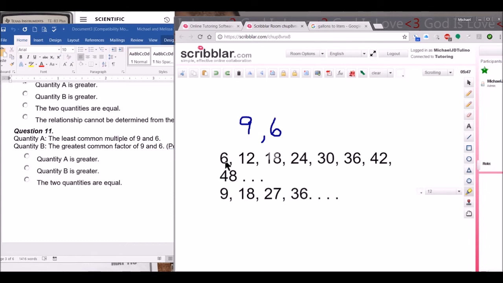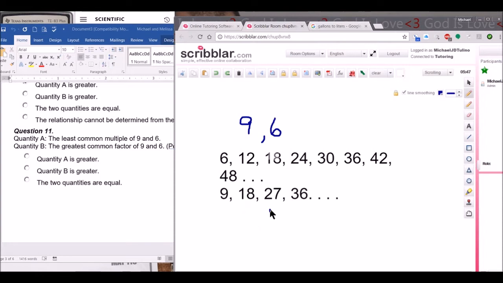Multiples are when we're actually multiplying and moving up: times 1, times 2, times 3, times 4, and so on. The least common multiple for both of them is 18. Least common multiple is also kind of like least common denominator, very similar. Greatest common factor is a little different.